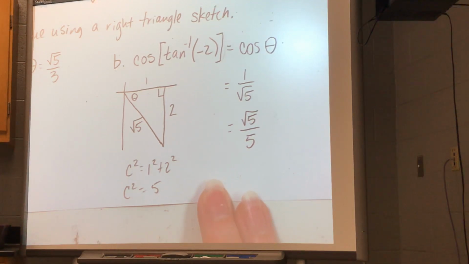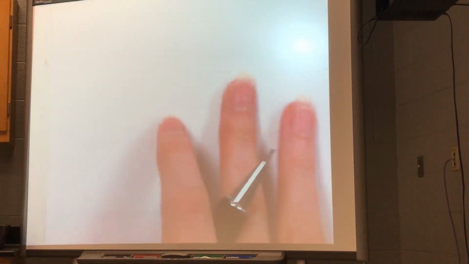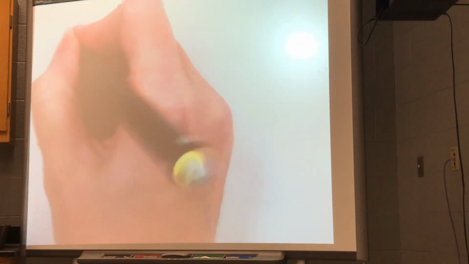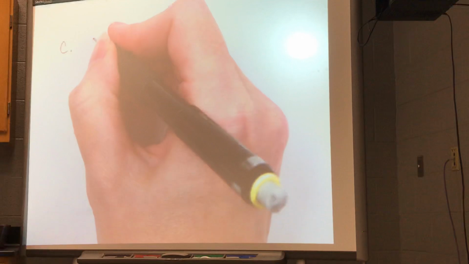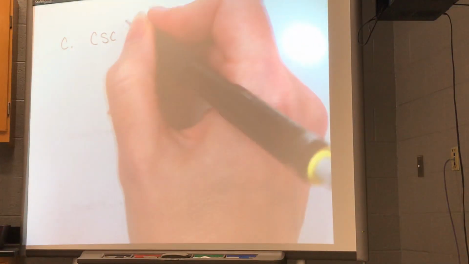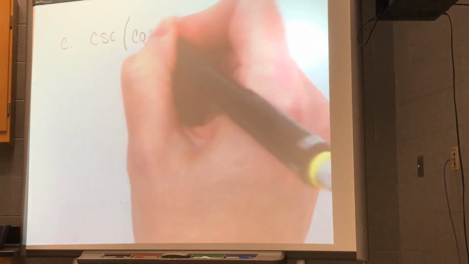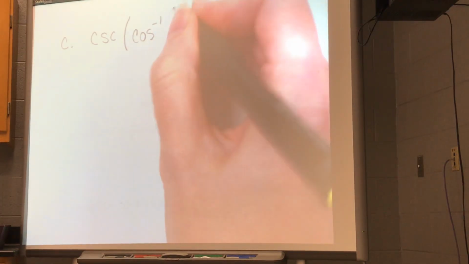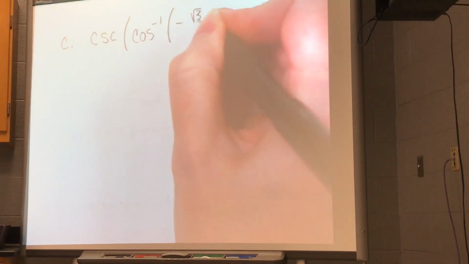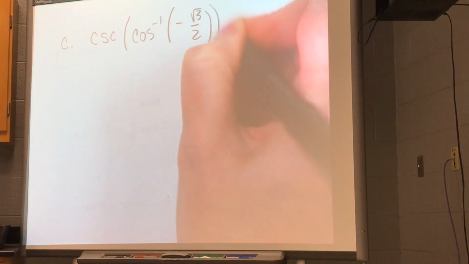Okay, we're going to do one more on the back with numbers, and then we're going to start doing some with variables. So for C, if you have room on the front, you can keep going in front. But we have the cosecant of the inverse cosine of negative square root of 3 over 2.